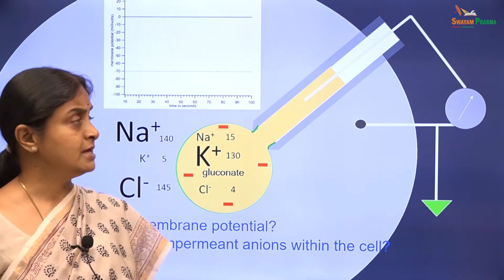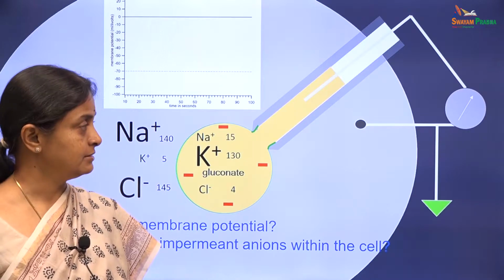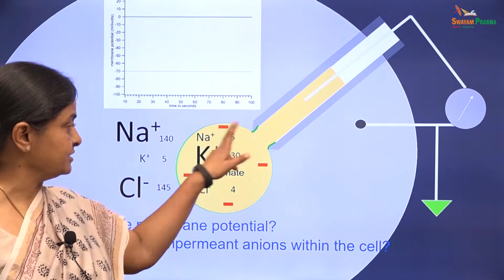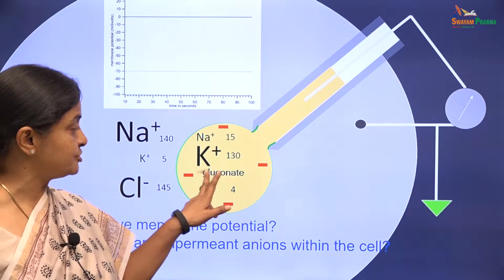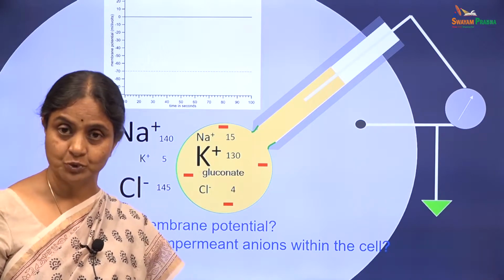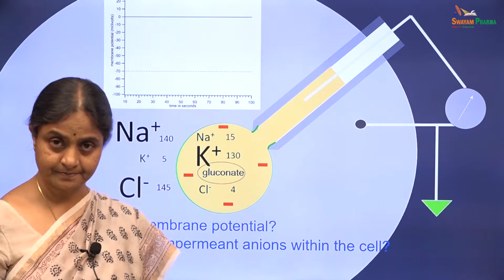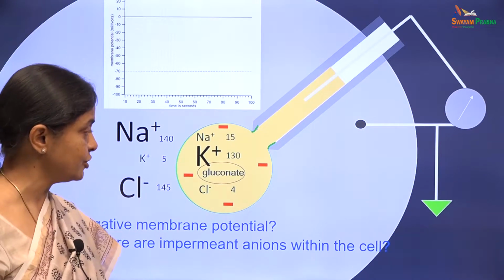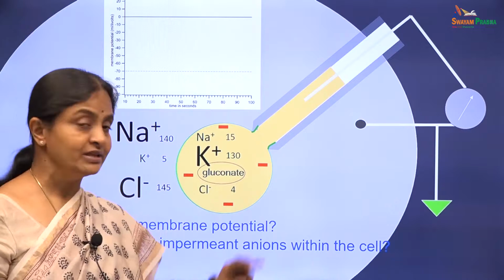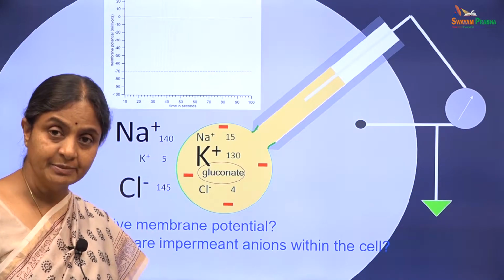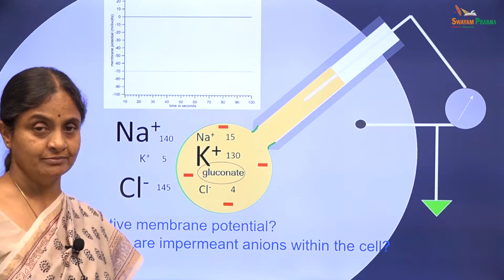So let us state that our hypothesis is that the internal negativity within the cell is due to the presence of impermeant anions within the cell. How do we test this hypothesis? Of course, by removing that impermeant anion and replacing it with a permeant anion.